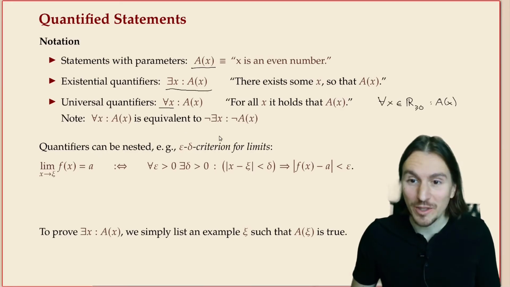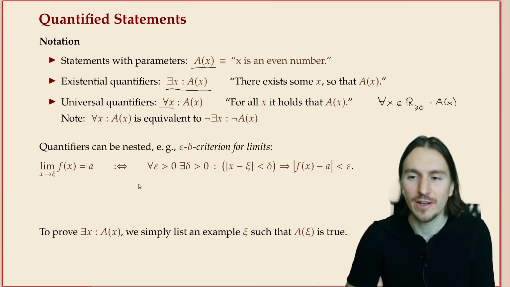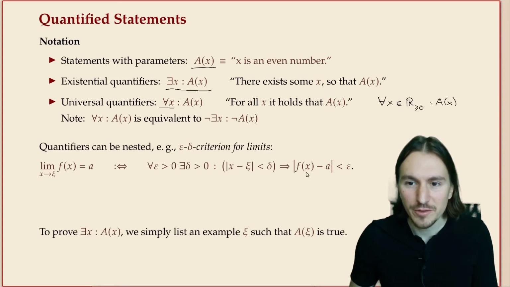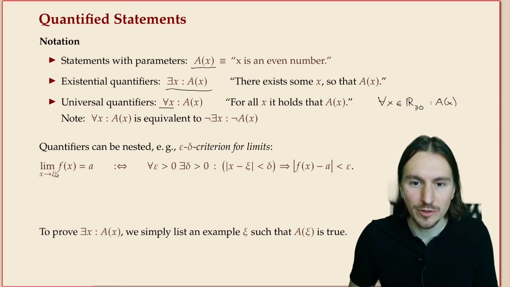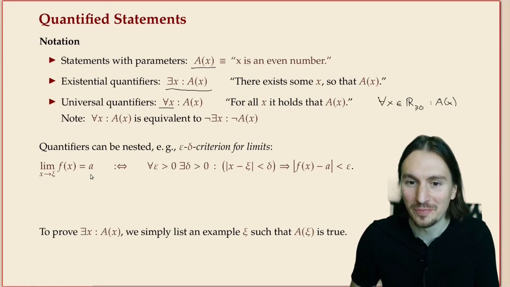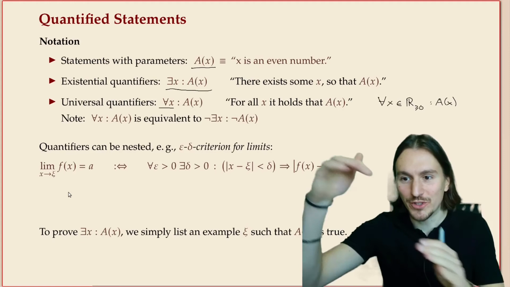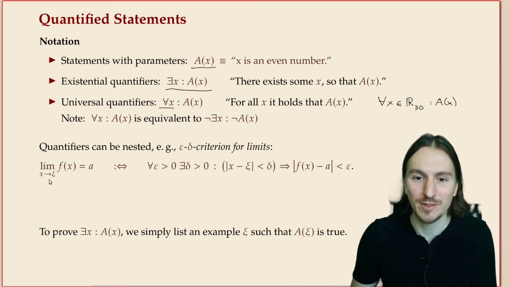And what makes quantifiers really helpful in mathematics is that they can be nested to express fairly complicated statements. You might have seen this before if you've gone through an analysis class. If we have a function and we say that as x approaches a certain value xi, this function has a limit of a. So the function approaches a if x moves close to xi.